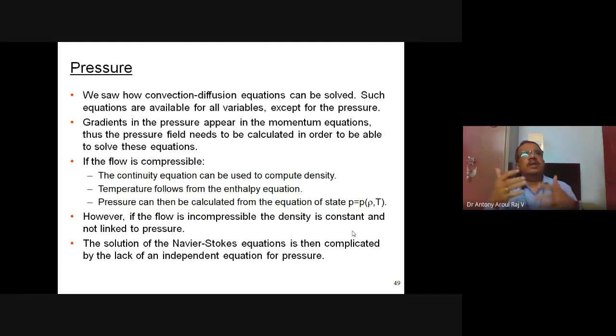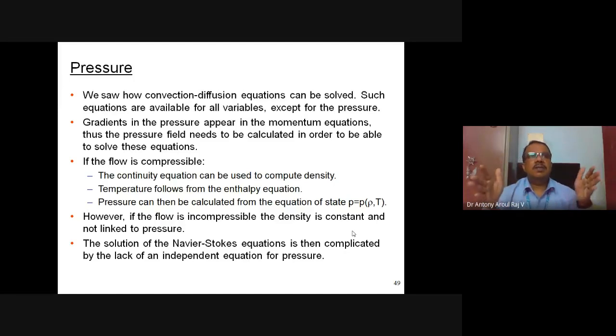Whenever you are solving, what are all the parameters you will be interested in? You will be interested in getting the three velocities, which you get from the three momentum equations. Density you get from the continuity equation. Temperature you get from the energy equation. So what about pressure? For a compressible flow, you can get it from P equals rho RT, or P equals compressibility times rho RT.